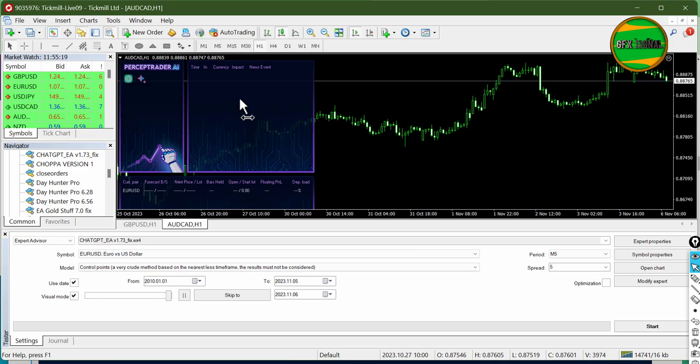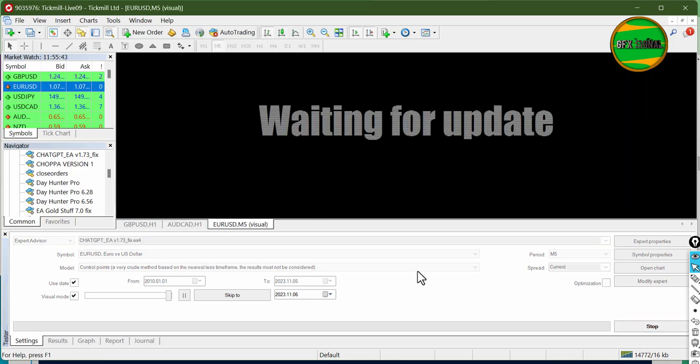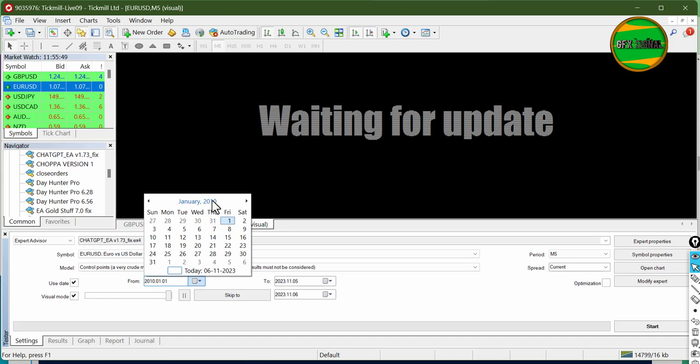Okay, I'm going to be testing this already. I'm testing on EURUSD and 5 minutes. The spread I'm going to use is the current spread, because one more thing I'll show you, the current spread for Tickmill is 0. Okay, it depends on your broker. I'll upload the video. One more thing, it's a very long time frame. I'll show you from 5 years.